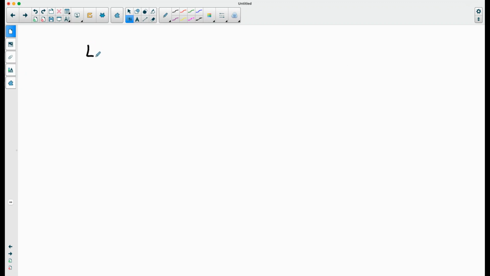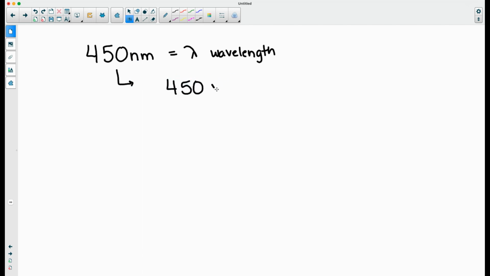So I'm going to write down my given, which is that 450 nanometers equals my wavelength, which is represented by lambda. I'm going to convert that into meters, which means that I'm going to take out the n and change it to 10 to the minus 9.